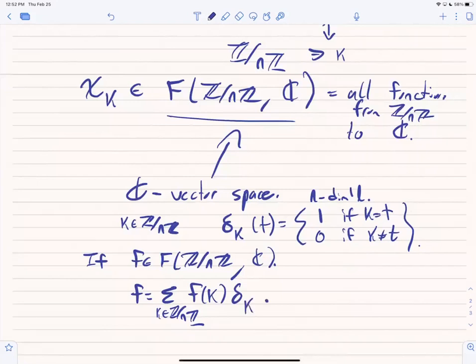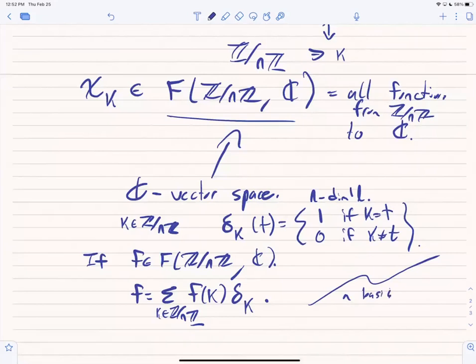This is just unraveling the definitions to see that this is true. So that shows that it spans. So these are our basis. This is how you can see that this is an n-dimensional vector space. It's just using these delta functions as a basis.